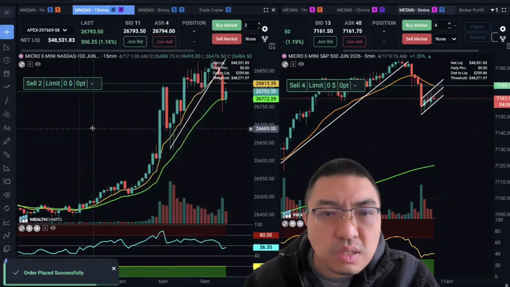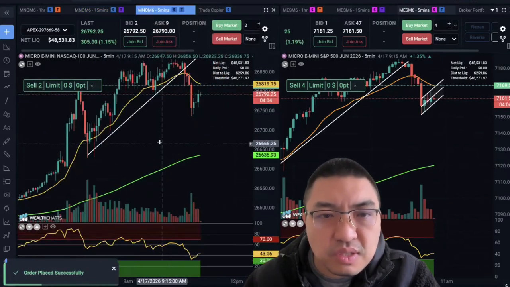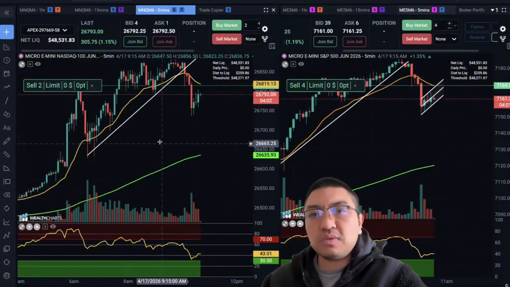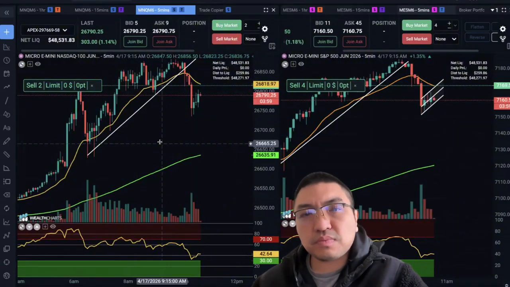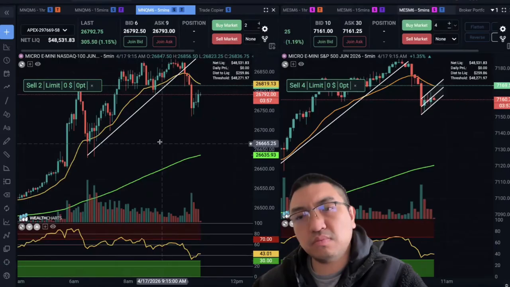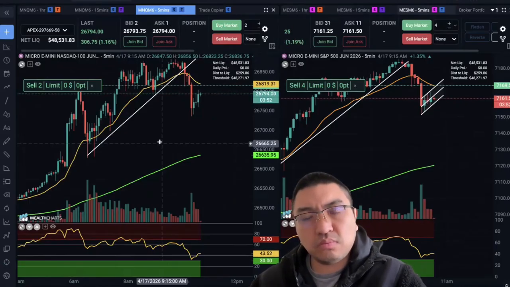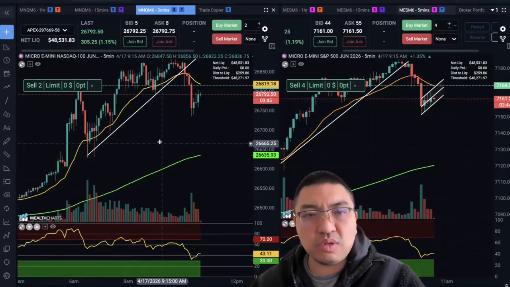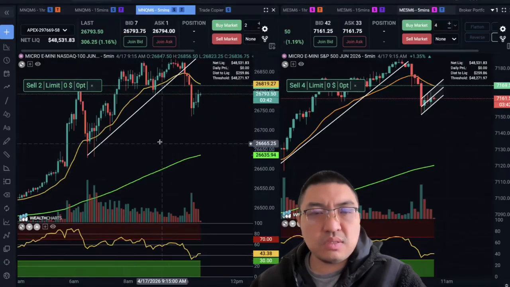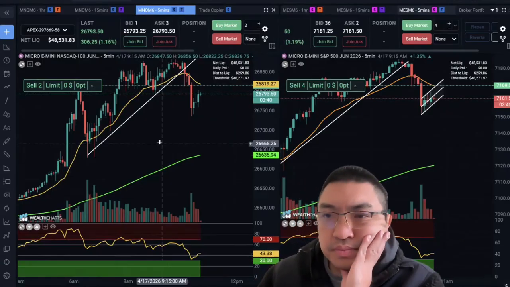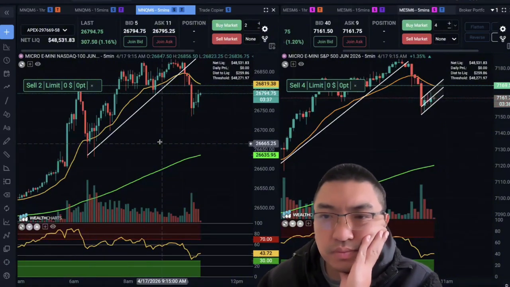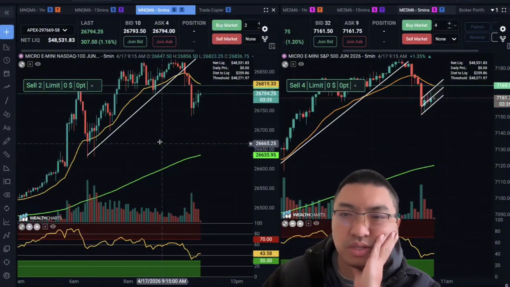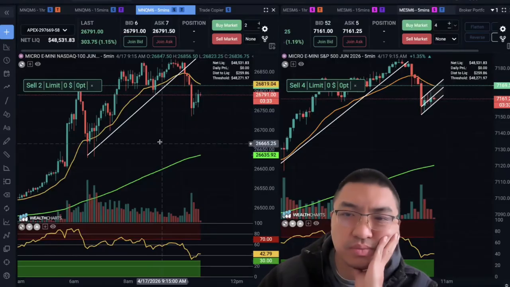So we'll see who gets in touch first. It looks like NQ retests more aggressively, and ES is more reluctant to retest, to go up.